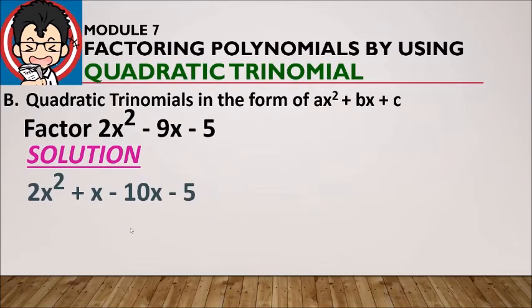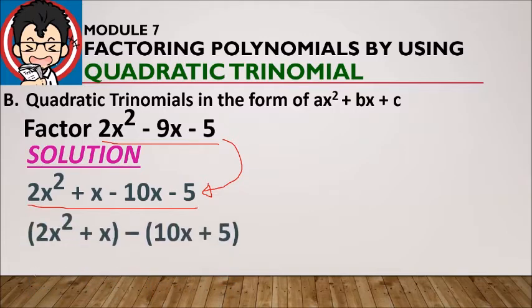After that, the next step is to regroup. Okay? Regroup in such a way that each group must have 2 terms. So paano yun? So, from this form, nire-write ko siya into this form. Tapos, i-regroup ko. So, paano? Ayan.